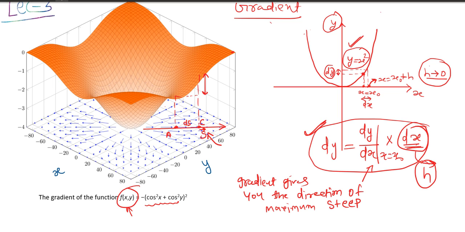Here the concept would be similar, but there is a little difference. I can also write that I go from point A to, let's say, some point B, and then from point B to point C.